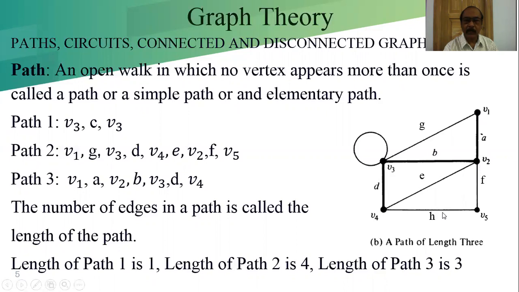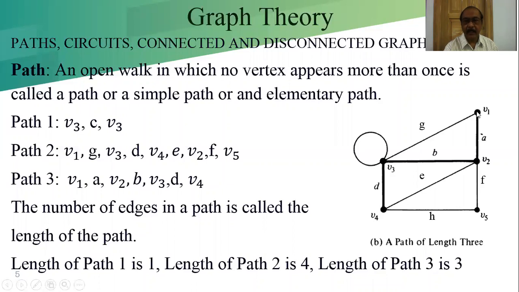We can use this path also: V1, A, V2, F, V5, H, V4. This is another path. Another path also: V1, A, V2, F, V5, H, V4, D, V3. That is also another path.